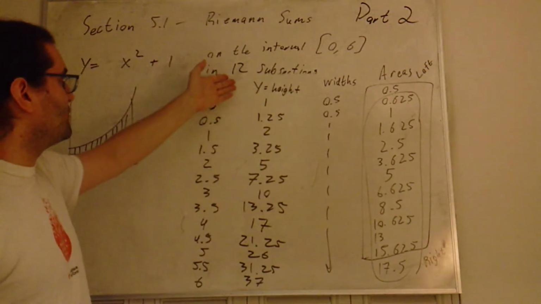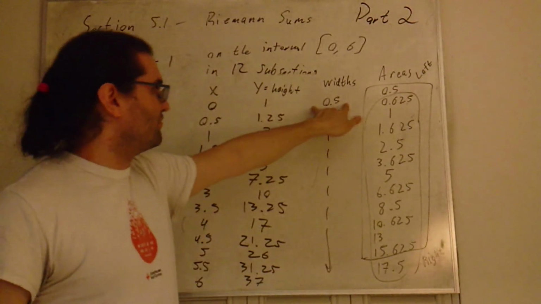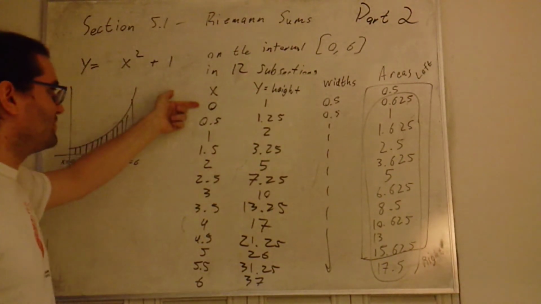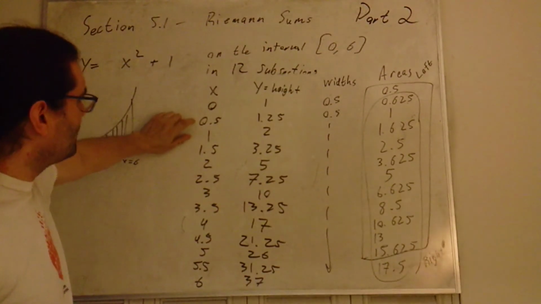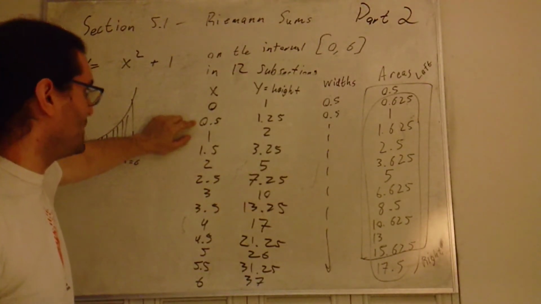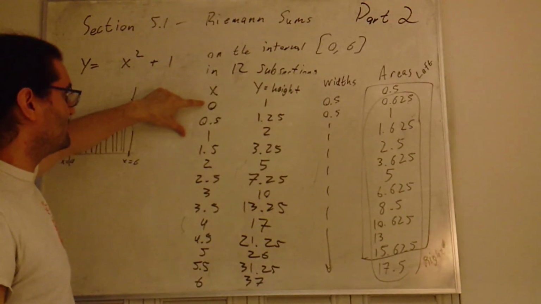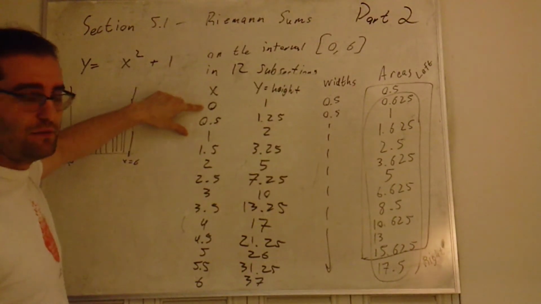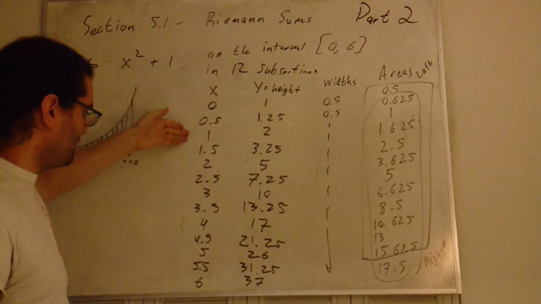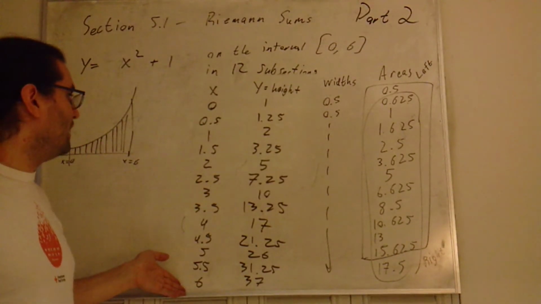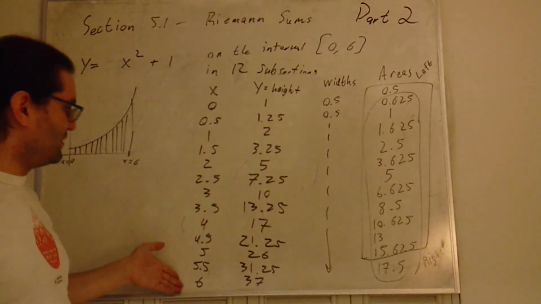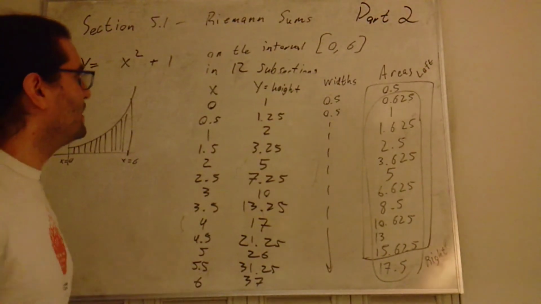So, for example, if you know that the width is going to be 0.5, all you really have to do is manually input the first x value. You can set up the second x value to be an equation that adds 0.5 to the above value, and then you can just copy and paste that equation all the way down until you get to 6. So that takes approximately 1.2 seconds.